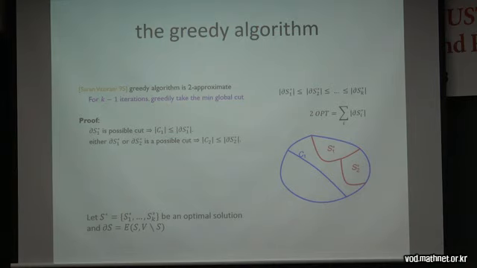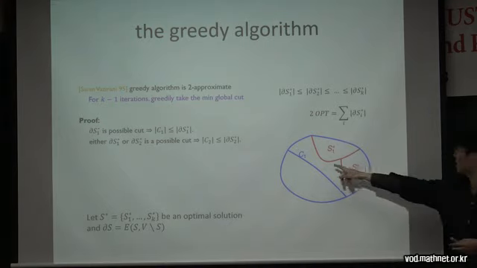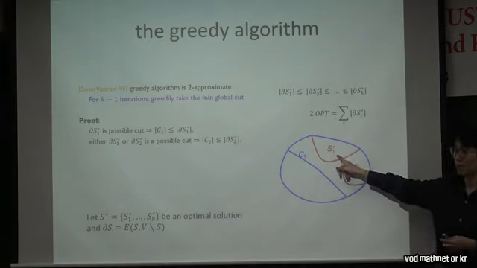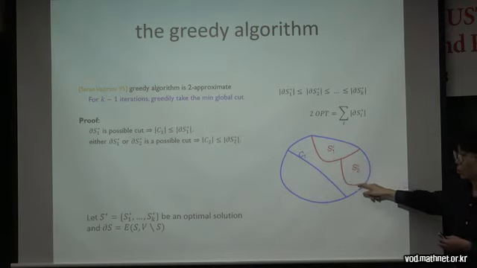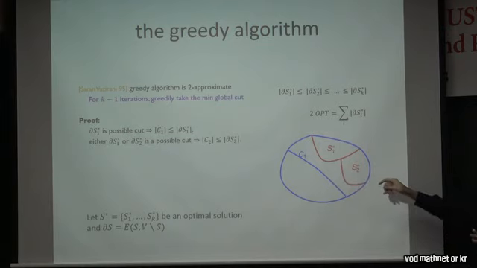If this doesn't happen, then all the edges in the boundary of S1 star were previously deleted, which means that C1 was equal to the boundary of S1 star. In that case, deleting this part will create another component.